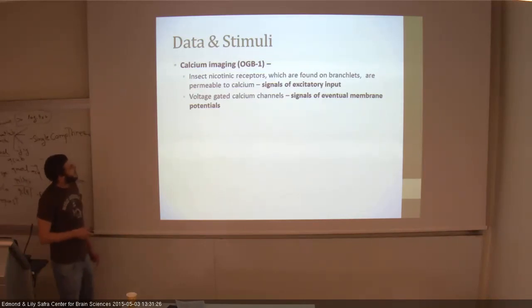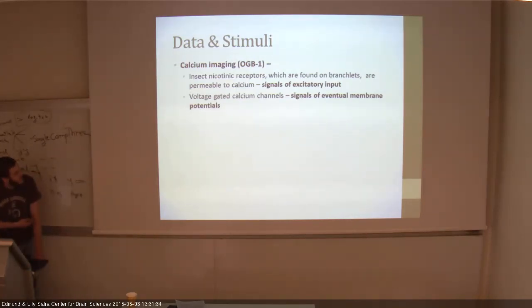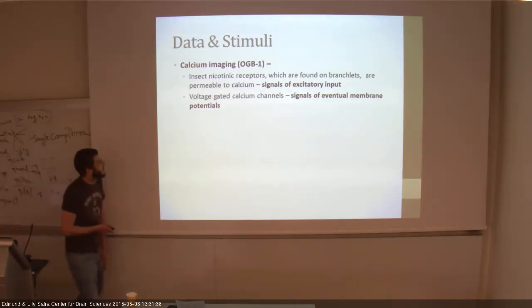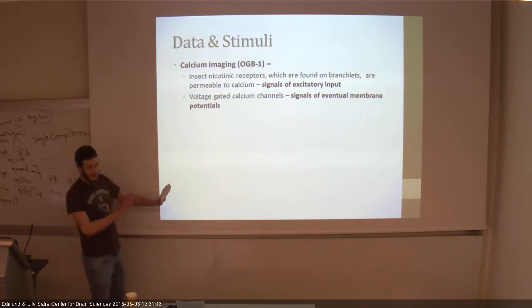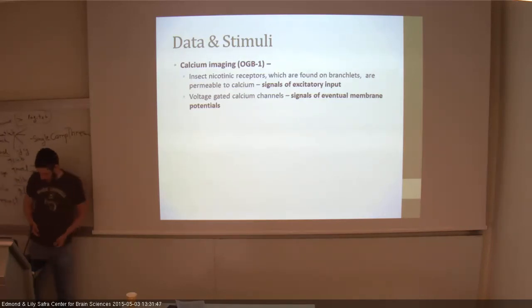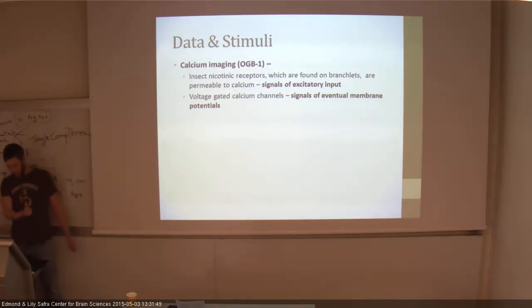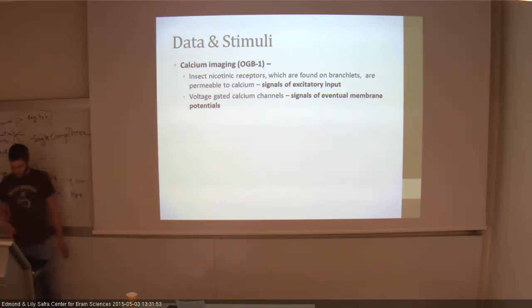They also have voltage-gated calcium channels, which means that we can see the eventual membrane potential also using calcium. So calcium imaging is, I guess, a legitimate method for studying these neurons, or insects in general, as far as I think. But I would stay specific to these neurons in this type of fly. So you can see the excitatory input and the eventual membrane potential, and we'd be able to separate them.